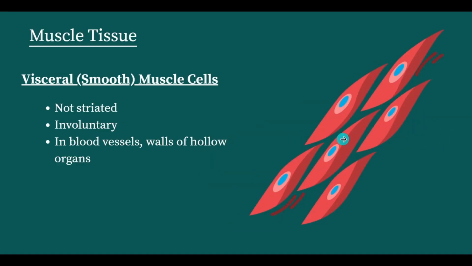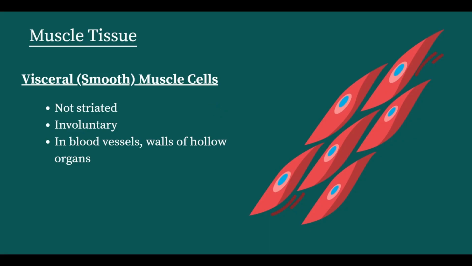So the last kind of muscle tissue, as I was saying, is the visceral, smooth muscle cells. They are not striated. They're kind of teardrop shaped, like an oblong shape, and each one is going to have a nucleus, right? They are also involuntary, and they exist in the blood vessels and in the walls of hollow organs.